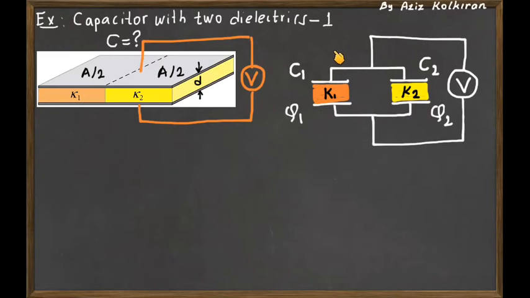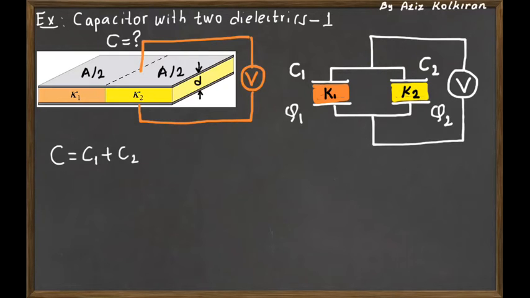But this configuration, which is equivalent to this capacitor, is nothing but having two capacitors, C1 and C2, which have the dielectrics K1 and K2 between the plates, and which are connected in parallel to each other. So instead of one big capacitor which has an area of A, we have two different capacitors, each with half of the area of the previous one, connected in parallel.